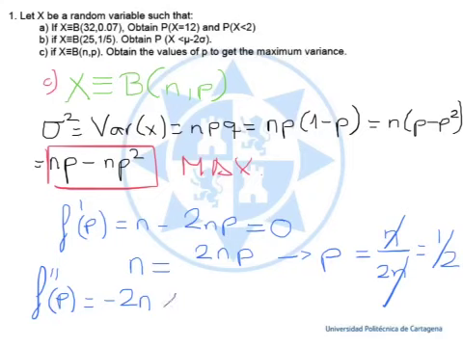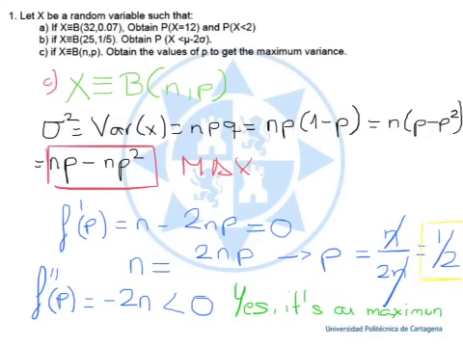So this is going to be negative, always. So we can say, yes, it's a maximum. So the value that maximizes the variance is a probability of 1/2.